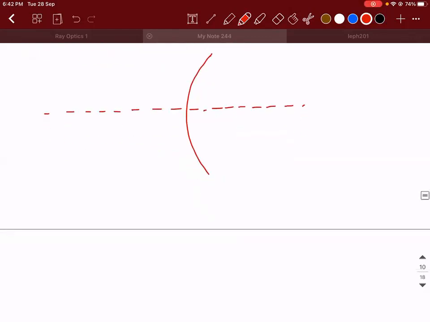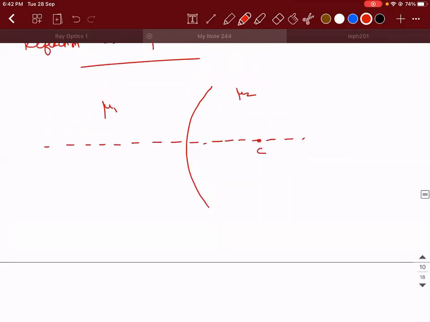With respect to the spherical surface, let's say it is separating media of mu1 and mu2. This spherical surface will have the center of curvature somewhere over here. Now, let us consider a point object placed here, with this as the rarer medium and this as the denser medium.